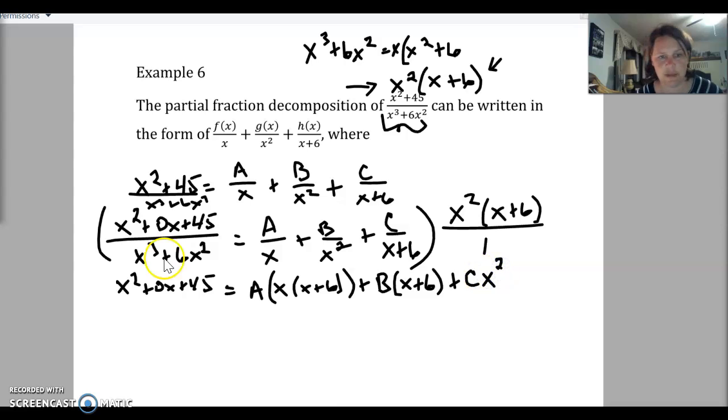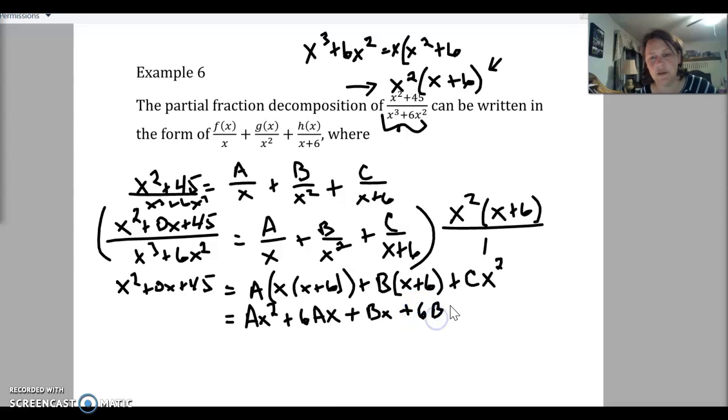Okay, go ahead and multiply through, get rid of all of our parentheses. I'm going to kind of do this all in one step. So x squared plus 6x times the A, so Ax squared plus 6Ax plus Bx plus 6B plus Cx squared.